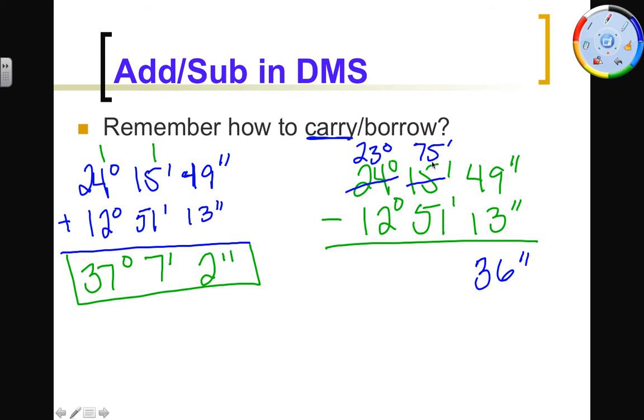So I had 15 and 60 more. Now I can subtract to get 24 minutes. And then this one, the straight down, this is, let's see if I can do this correctly, 11 degrees. All right, so it's all about carrying and borrowing the right number of units.